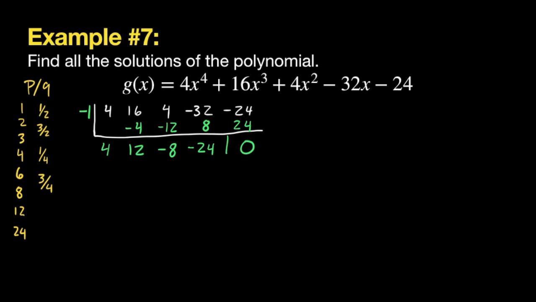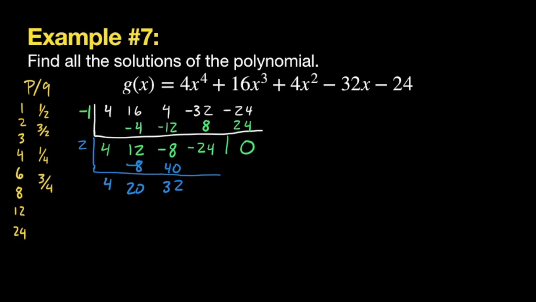We're going to test a different number. So let's try 2. We have 4 times 2, 8, 20, that's going to be 40. This is going to be 32, and we can clearly see that that number is not going to work out.